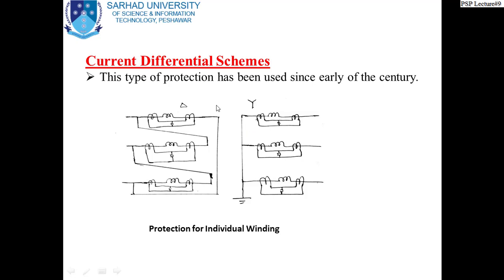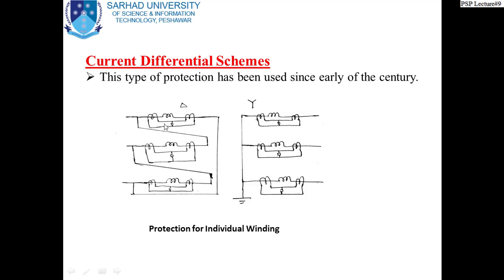Now, in the figure below, we have shown a simple arrangement of the protection system that is providing differential protection for individual windings. We have a delta winding on one side and a star winding on the other side, and each winding is protected by a separate differential protection.